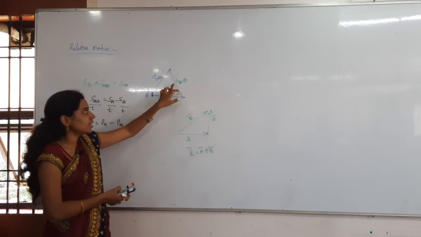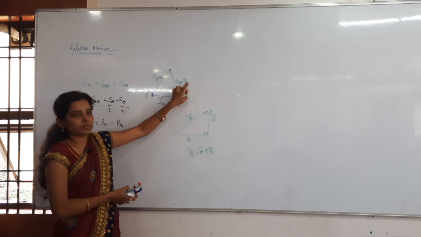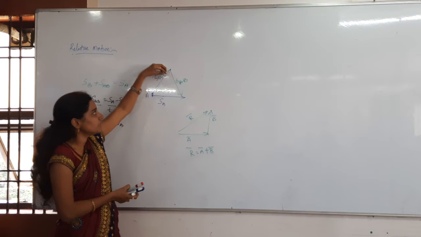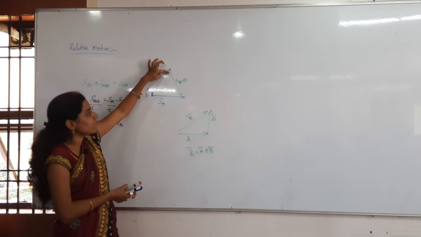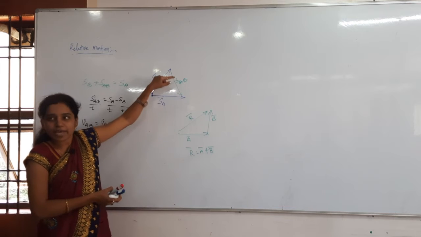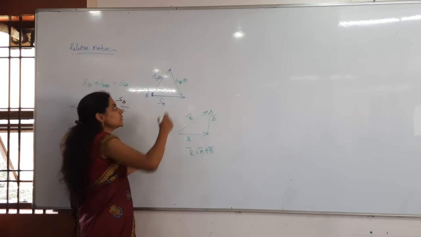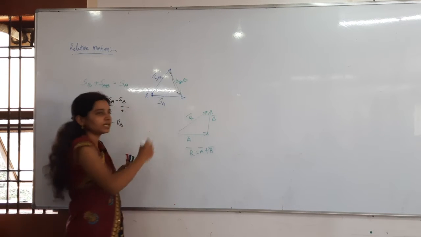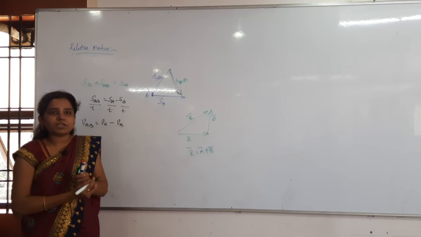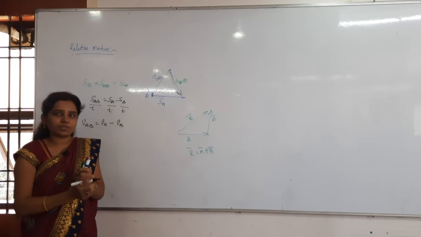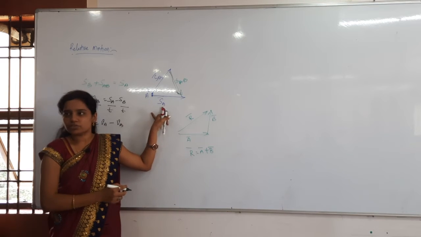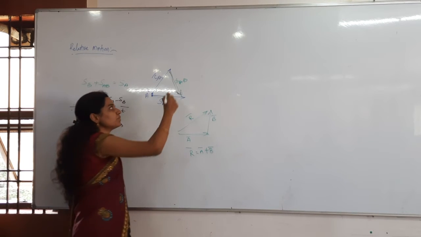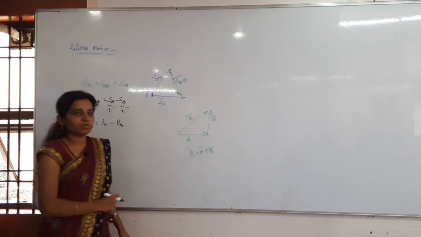Who is observing here? B is observing, B is looking at A in this direction. So with respect to B, you have to describe the motion of A, that is SAB, the displacement of A with respect to B.